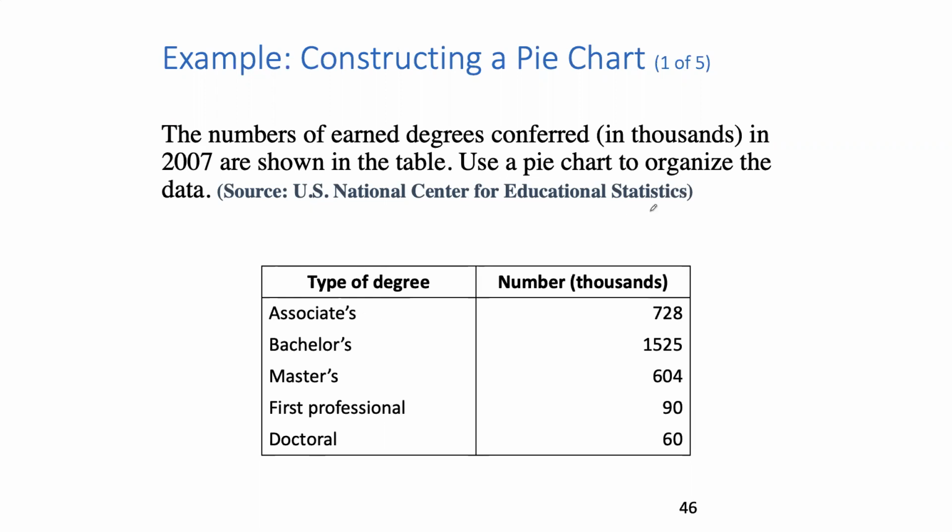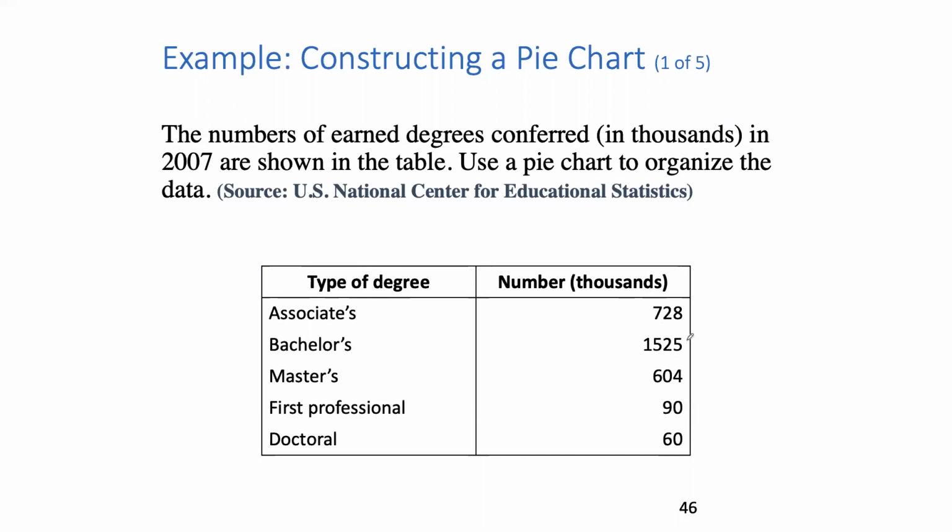There's actual real world data as to number of thousands of degrees, so this reads as 728,000. This is 1.52 million, and then 604,000. And first professional is some kind of licensing, and there are about 60,000 doctoral degrees which are handed out every single year, in 2007.